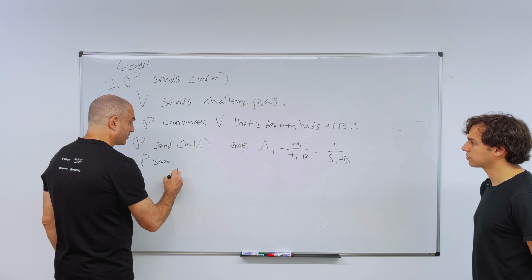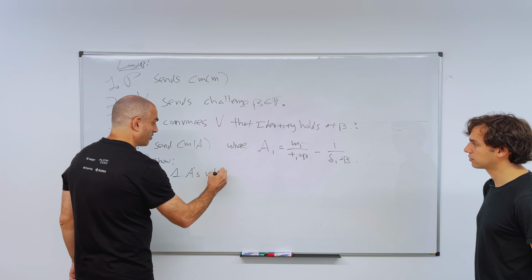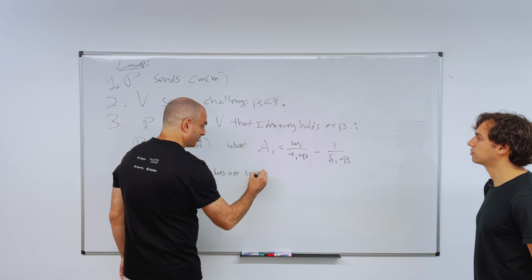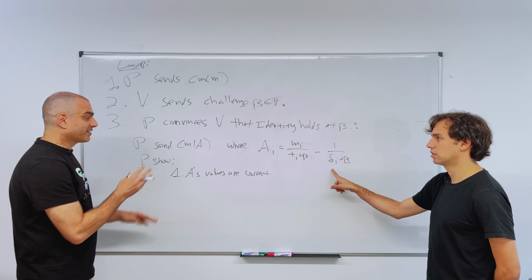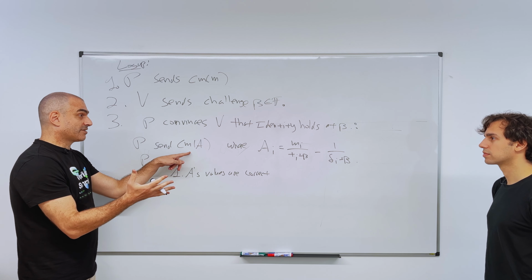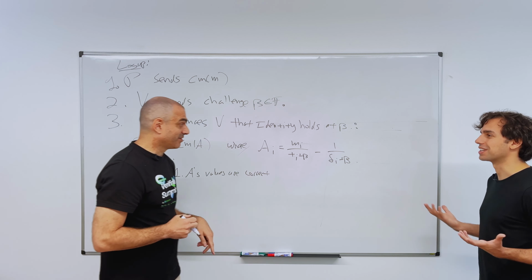The first is that A's values are correct. Correct with respect to m, T, and F? Exactly. In the protocol, P sends a commitment to some A. The verifier doesn't know what it is.